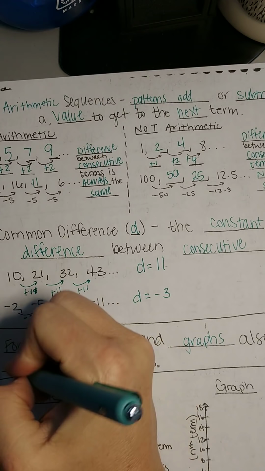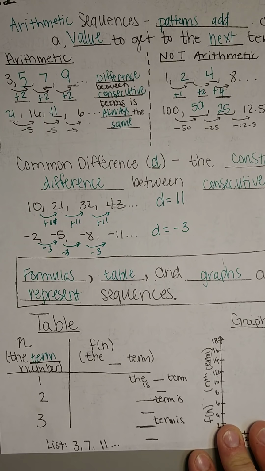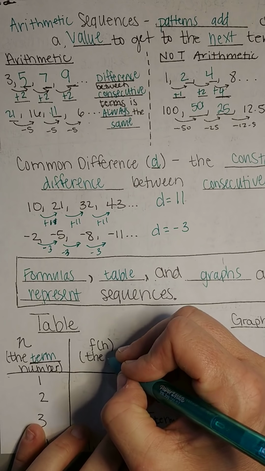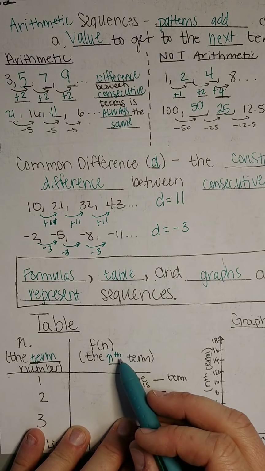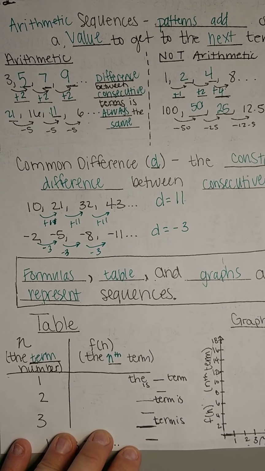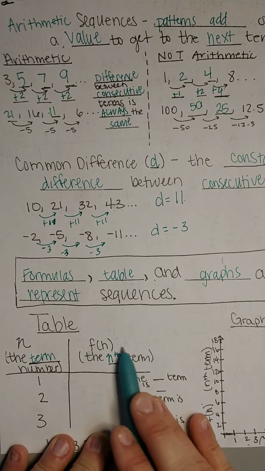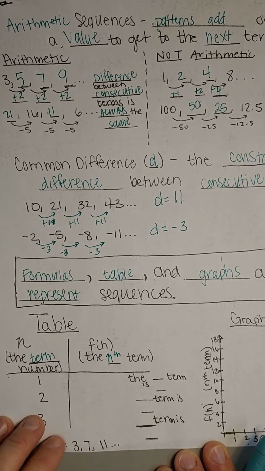Okay, so if we look down below, we've got a table on our left. On our table, N represents, as we said before, the term number. So we've got 1, 2, and 3. And f of n, that's your output, represents what we call the nth term. So really that just means any number term, the first, the second, the third, the fourth, the fifth. If we're talking about all the numbered terms, we say the nth term.